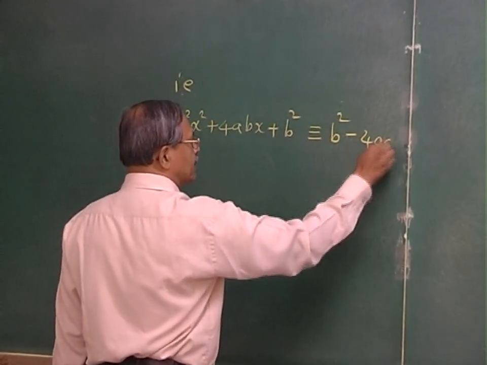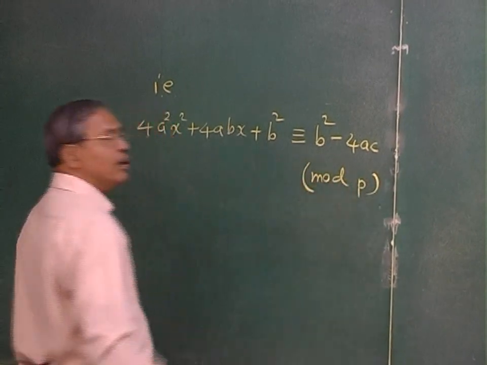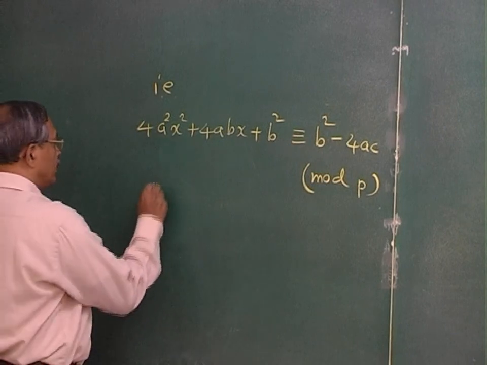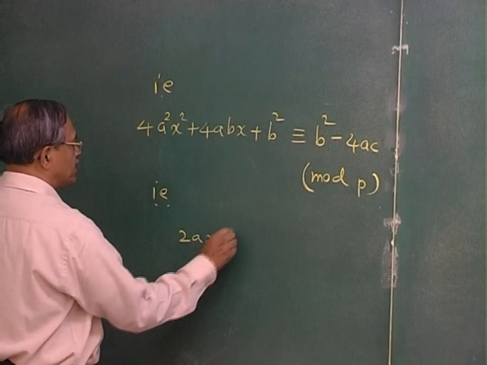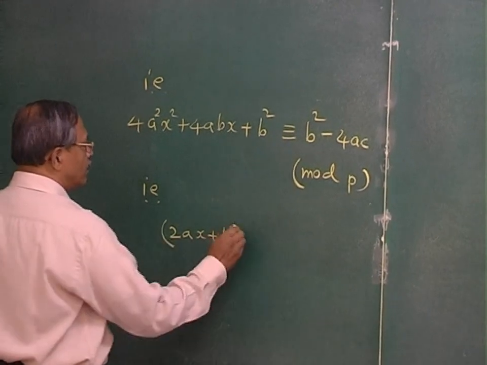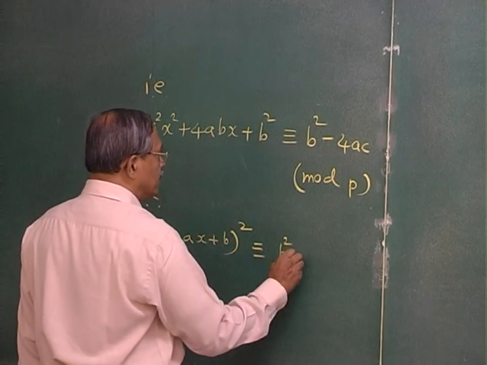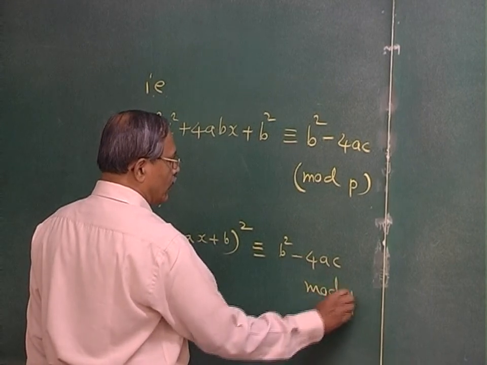That is, 2ax plus b, whole square, congruent to b square minus 4ac mod p.